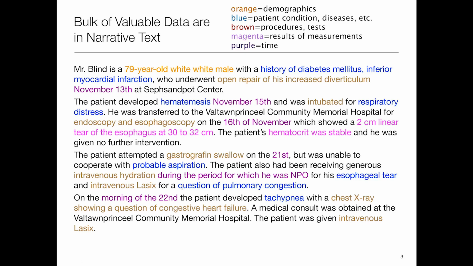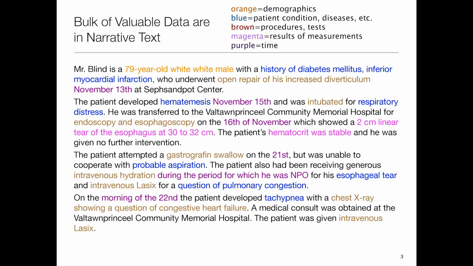So if you look at something like this, you see that Mr. Blind is a 79-year-old white male, so somebody repeated a word, with a history of diabetes mellitus and inferior MI, who underwent open repair of his increased diverticulum on November 13th at some, again, that's not the name of the actual place, medical center.